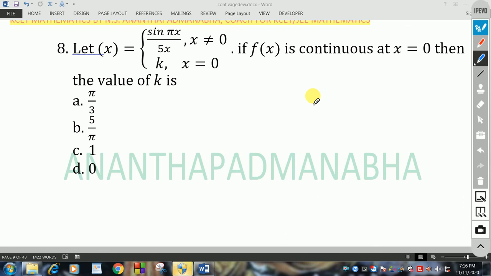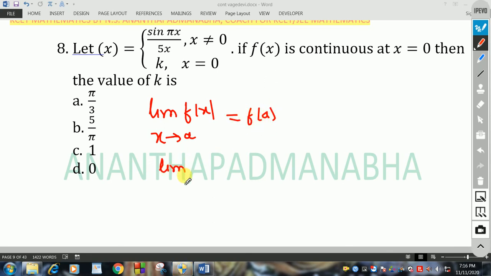So again the function is continuous. Function is continuous means limit of f of x as x approaches a is f of a. So I will write limit of f of x as x approaches a is equal to f of a. Here I have to check the continuity at 0.